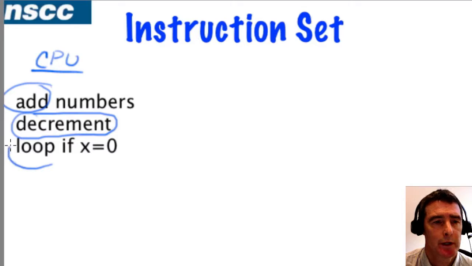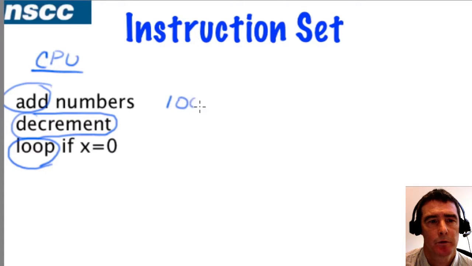It can loop, it can do what are called conditional tests, and each of these instructions has a certain code. So I might have a code for adding 2 numbers as a binary code like that using 4 bits. For decrement, it might be a different code. For looping, if some register was 0, maybe a different code yet again.